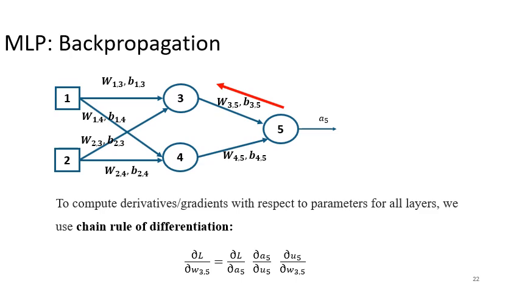To compute the derivatives, the gradients with respect to the parameters for all layers, we use the chain rule of differentiation. For example, the partial derivative of the loss with respect to the weight W35 is equal to the derivative of the loss with respect to E5, multiplied by the derivative of E5 with respect to U5, multiplied by the derivative of U5 with respect to the weight W35.